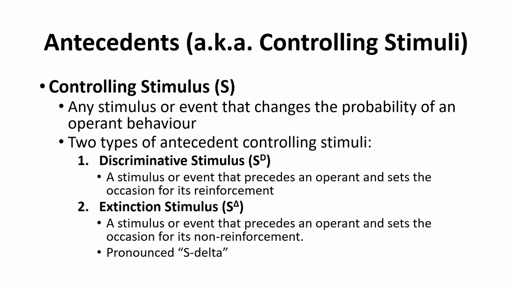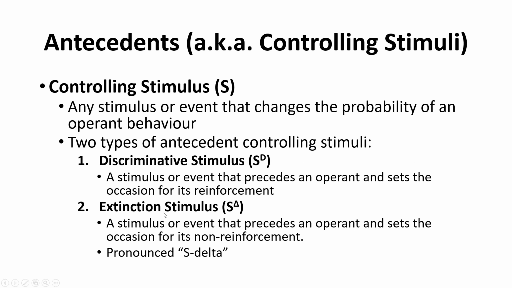But discriminative stimuli don't just apply to reinforcement. And when we talk about an operant, we can also say an operant behavior or just a behavior. The terms, again, are all used fairly interchangeably. But this SD is basically a condition where we know that doing a particular behavior is going to be rewarded or reinforced is the correct way to say that.